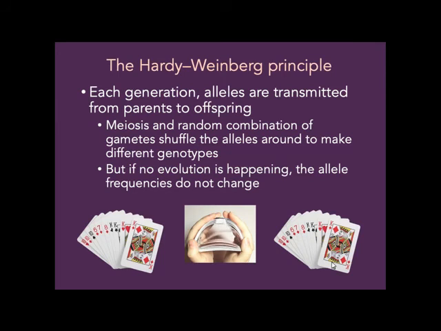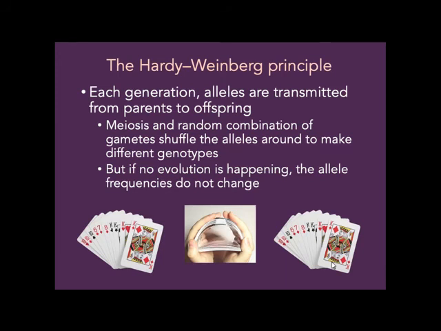All right. So meiosis and random combinations of gametes, meaning which sperm you get and which egg you get, are going to shuffle around all of the alleles in the population to make the different genotypes, right? But it should be noted that if no evolution is happening, allele frequency should not change.